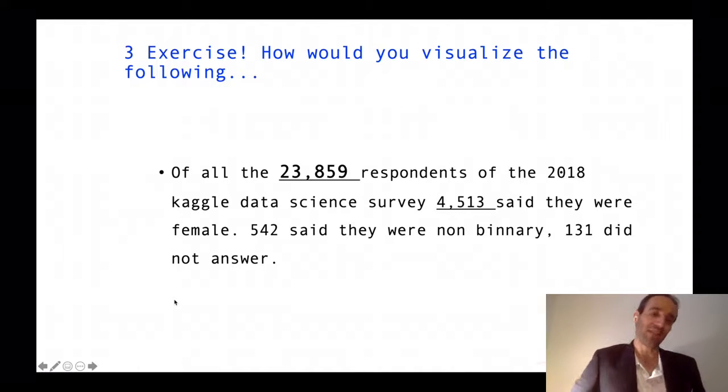In 2018, they sent a survey and they got 23,000 answers, of which 4,000 said they were female, 500 said they were non-binary, and 131 data scientists said they didn't answer this gender question. Now, the challenge for you is how would you visualize this information?